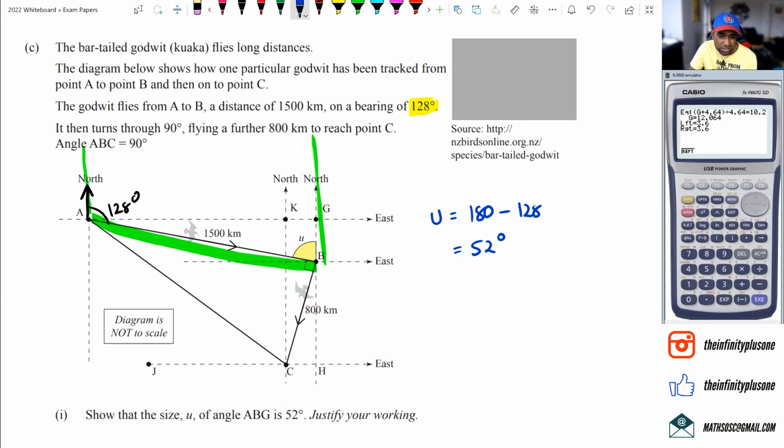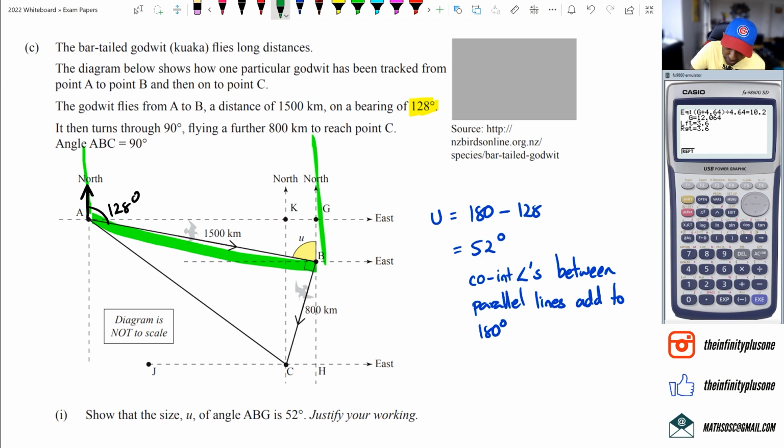The question says show that the size of U is 52 degrees. So here we can just say co-interior angles between parallel lines add to 180 degrees. And that's to get you started off with this question with an achieved.